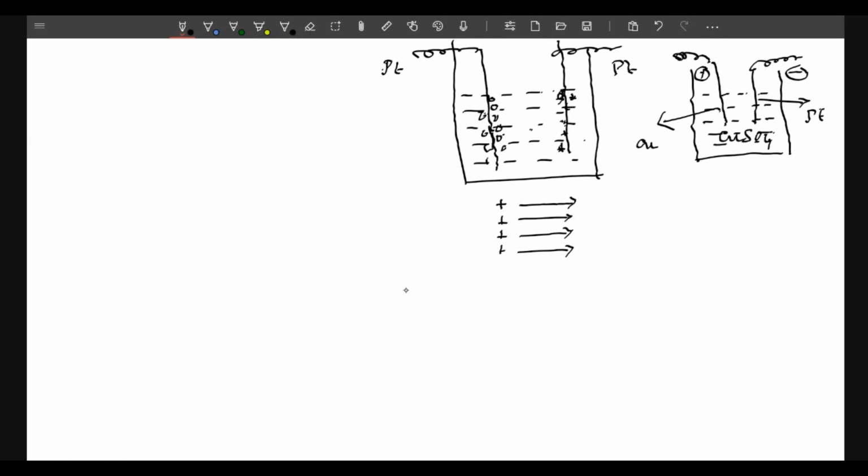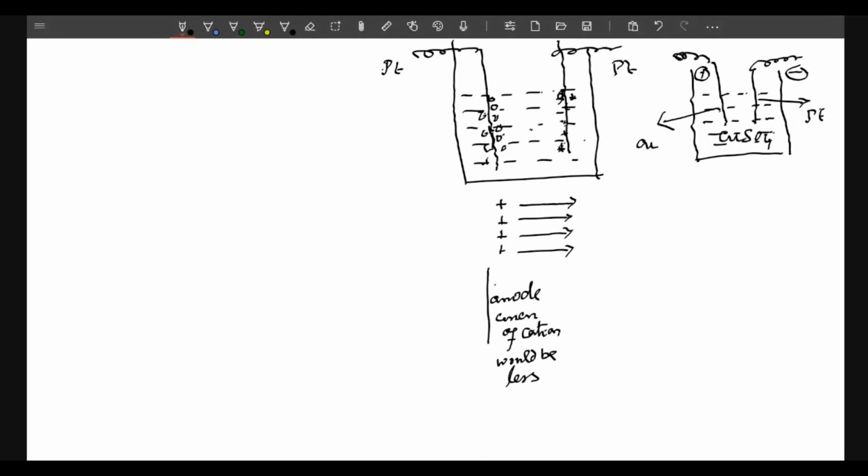If you do not disturb the solution, after stopping the electrolysis you find that around the anode the concentration of cation would be less. How much less? It is equivalent to what is deposited on the cathode.